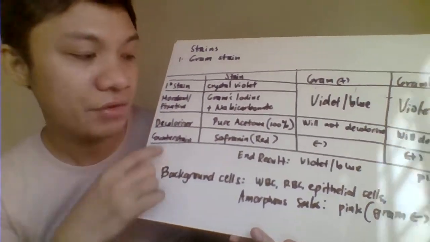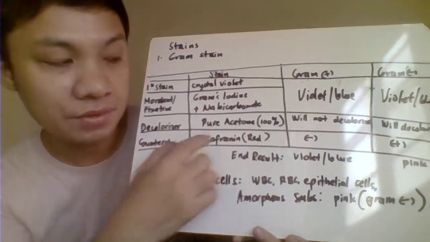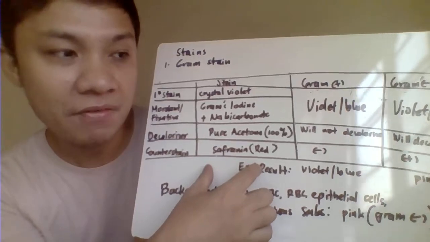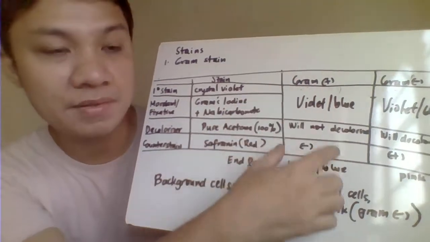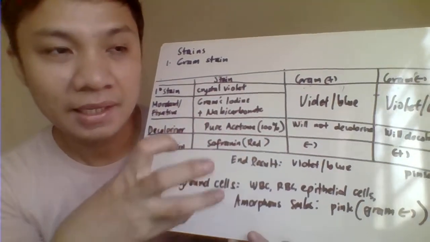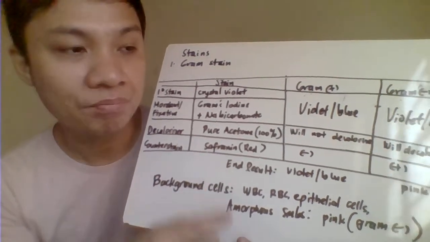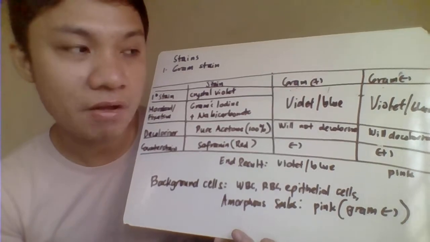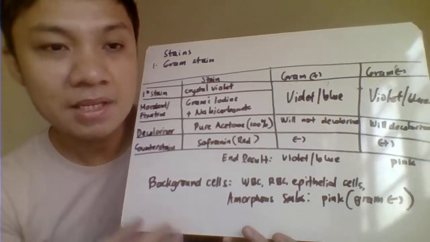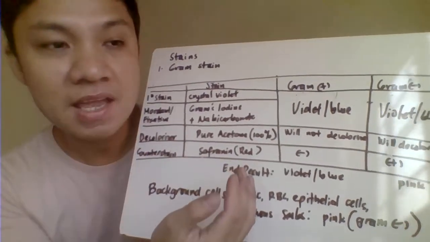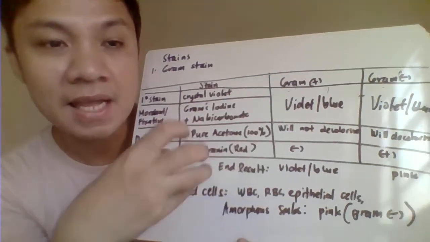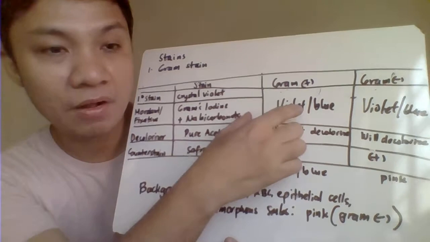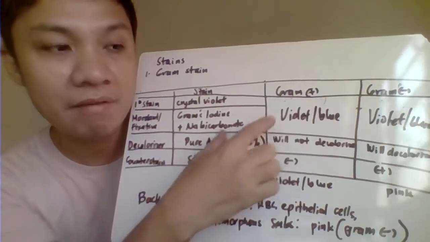Okay, next, you apply your counter stain, which is your safranin, which is red in color. When you apply the safranin as your counter stain to your gram-positive, since the primary stain did not escape, your safranin will not be able to enter the bacterial cell. Meaning, the color retained in your gram-positive cell wall will be the color of your primary stain, which is your crystal violet.